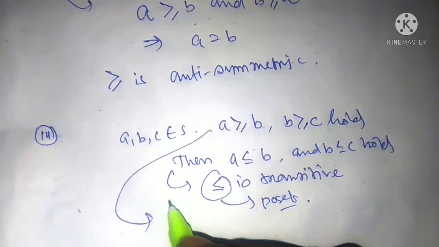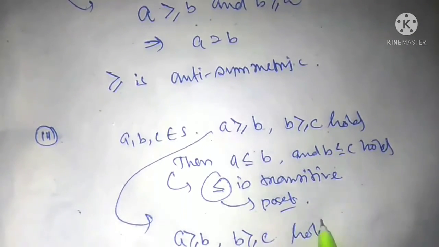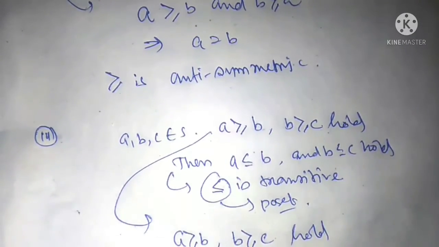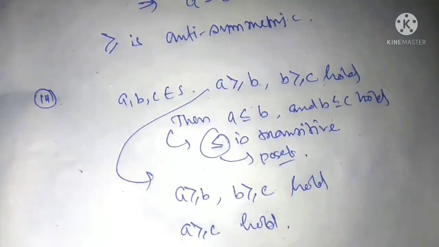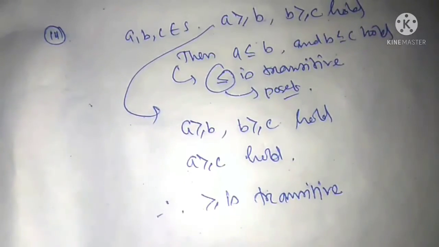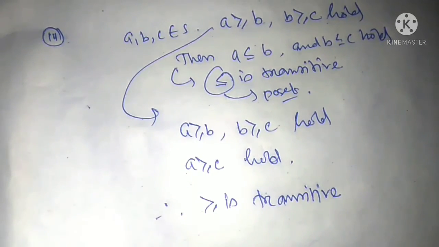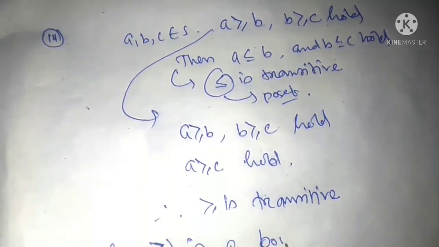Now from here a is greater than equal to b, b is greater than equal to c hold, so a is greater than equal to c holds. This is transitive, so S with greater than equal is a poset.